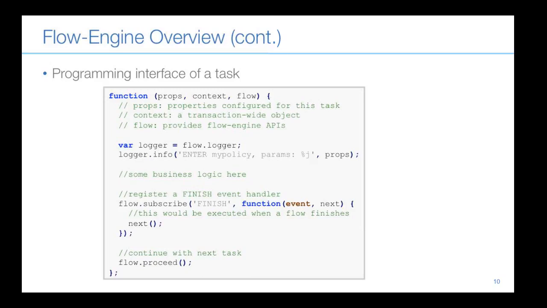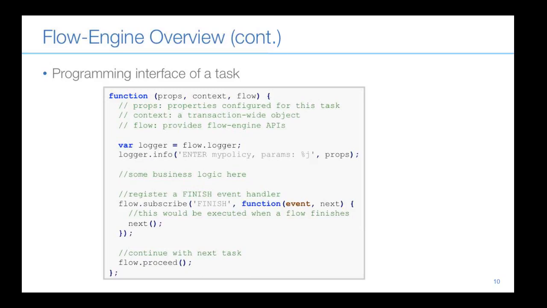What you can see over here is that you can get the logger from the flow object and log a message. Then you can do your own business logic over here. You can get some data from the context, do some processing, and put your processing result into the context. You can also do some subscription to the flow.